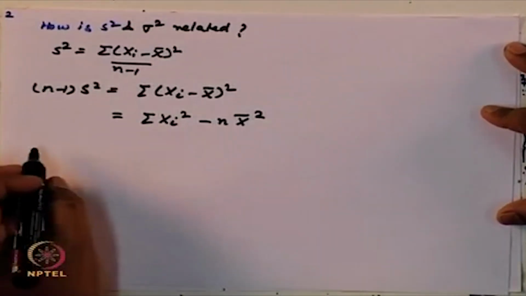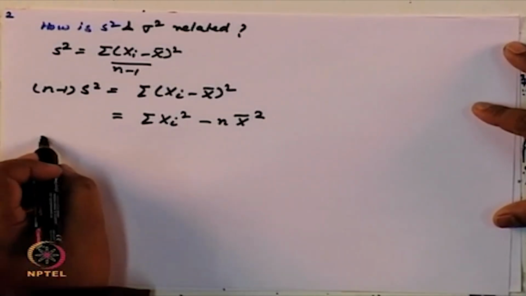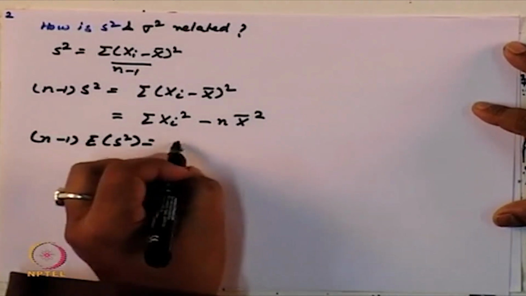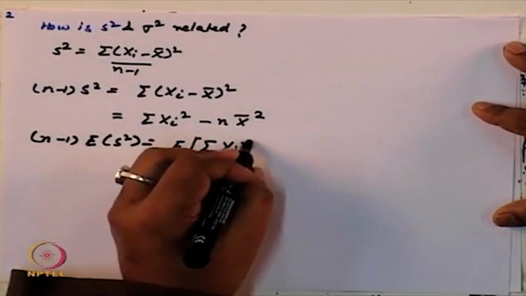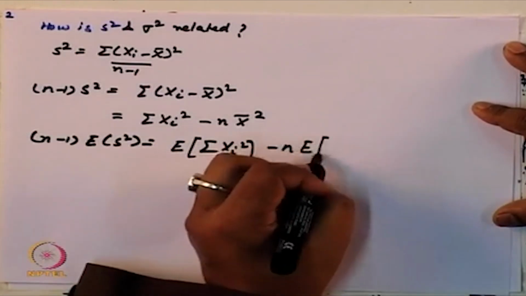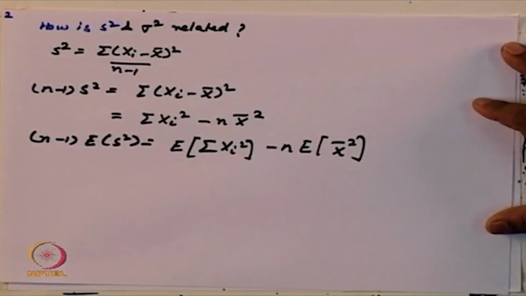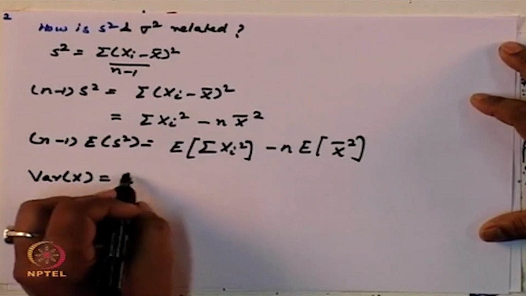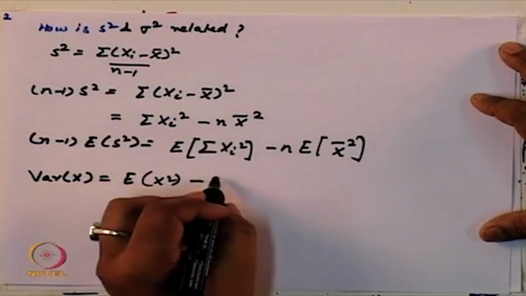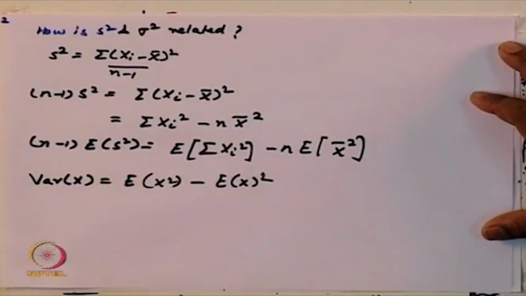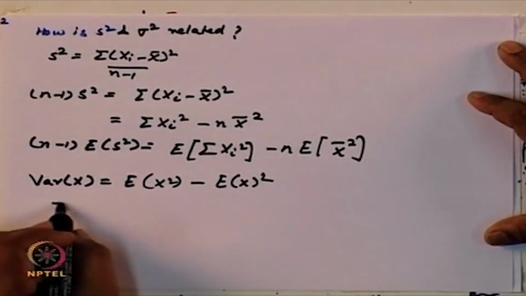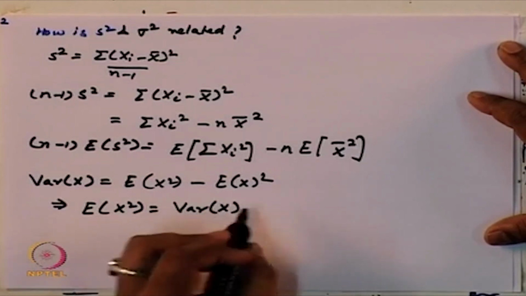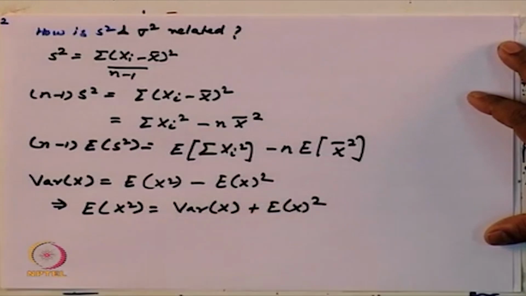I can take the expectation on both sides of this equation. So n minus 1 times expectation of S square is the expectation of the summation of X_i square minus n times the expectation of X bar square. We know that variance of X is expectation of X square minus expectation of X whole square, so expectation of X square equals variance of X plus E of X whole square.